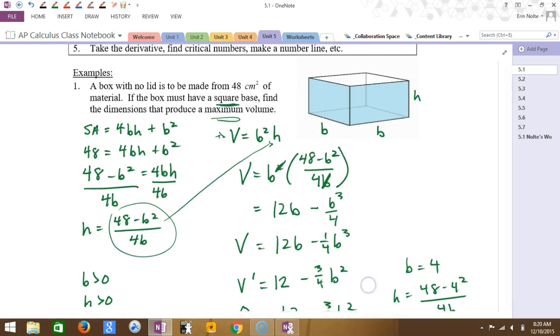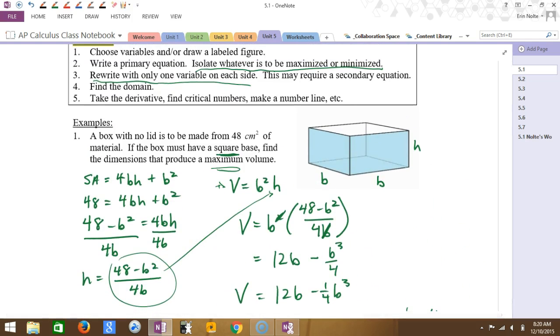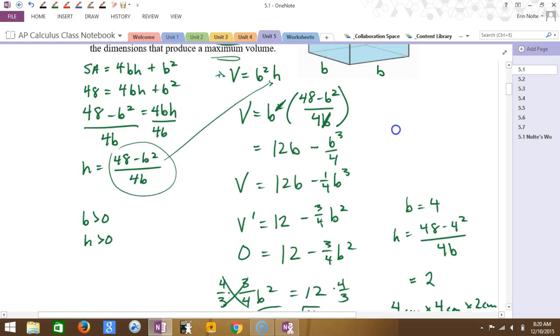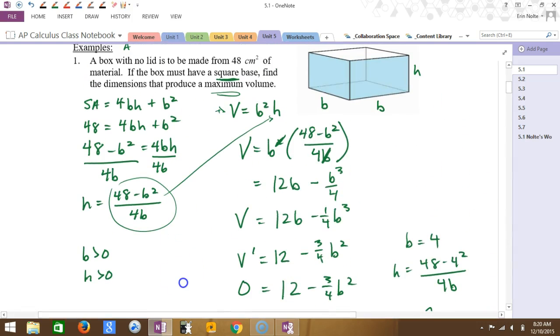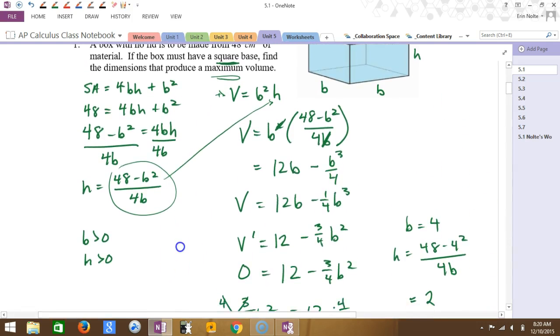Okay, so it also does ask you to answer this. It's not on this particular thing, but it says answer with a complete sentence. Okay, so I would say the complete sentence would be, so again, it's asking us to maximize the volume of this box.